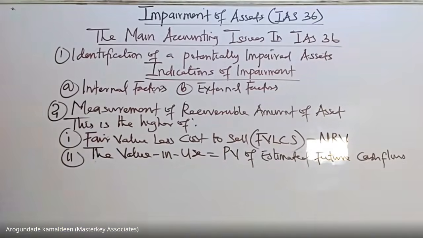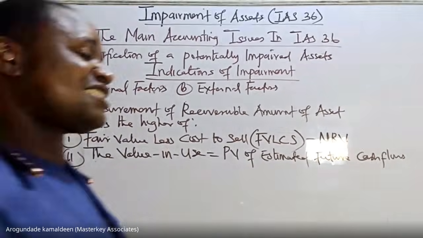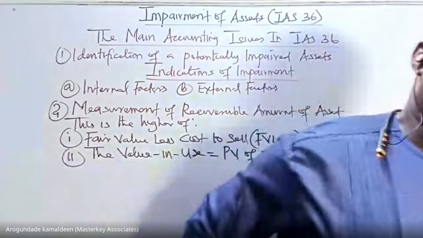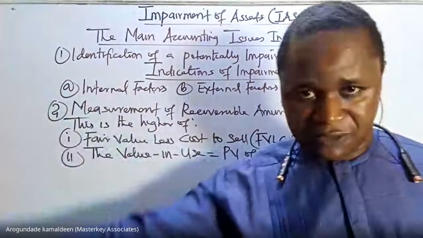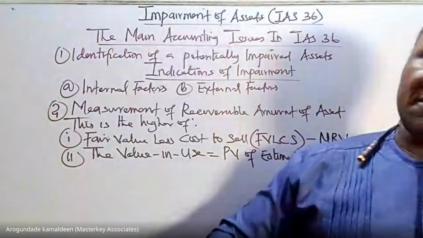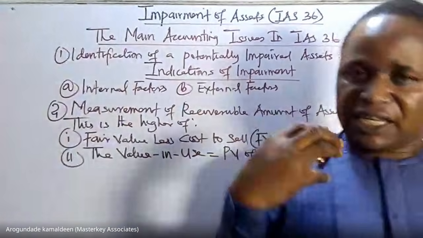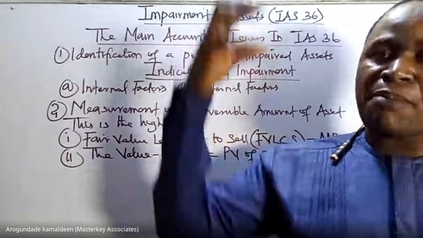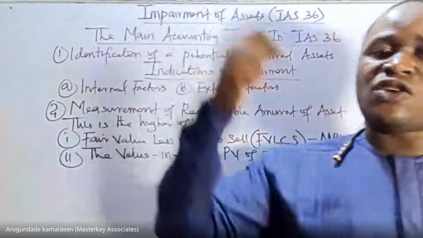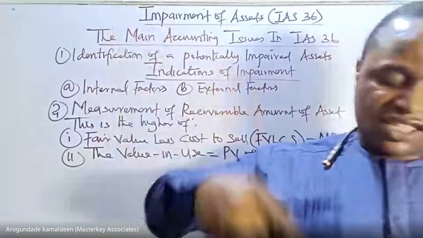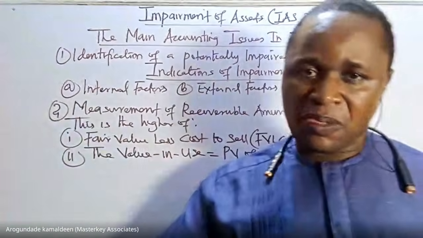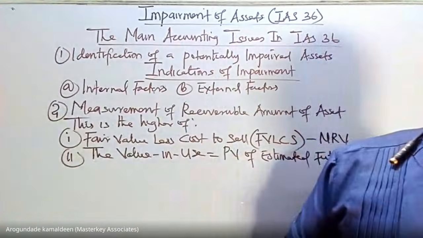The next one is the net cash flow received from the disposal of the asset. At the end of the useful life, you are going to sell the asset, and when you sell it, cash comes in. The amount you sell minus any cost of disposal you incur is called the net cash flow received from the disposal of the asset.